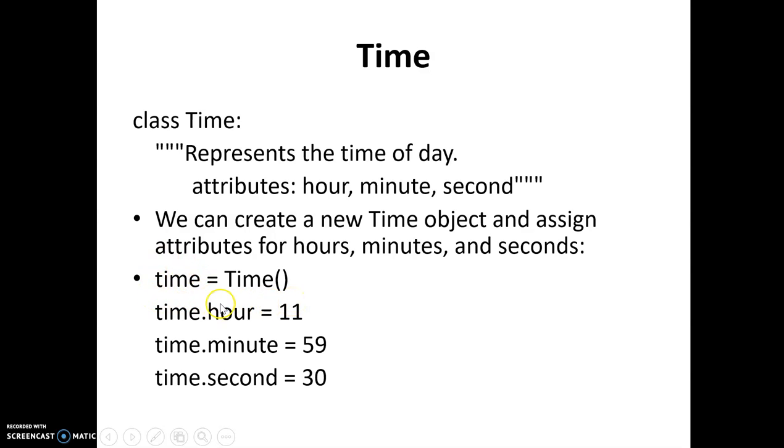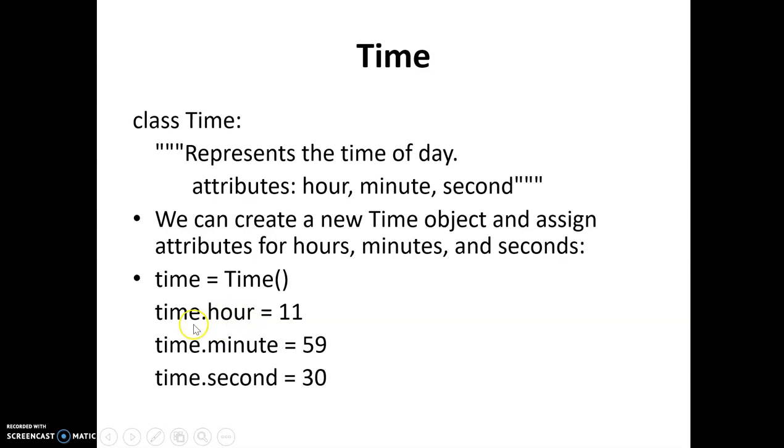To create an object for any class, you take any variable of your choice equal to the name of the class called with parentheses, just like calling a function, to say that you have created this lowercase time as an object for the class Time. Once the object has been created, you can set as many attributes as you choose, but for time you have the attributes hour, minute, and second.